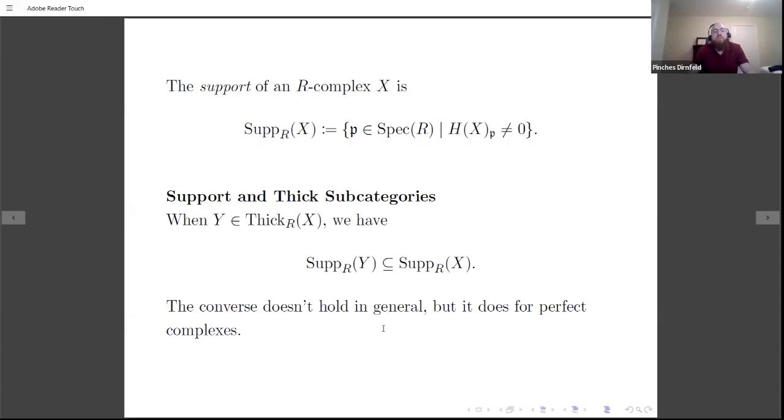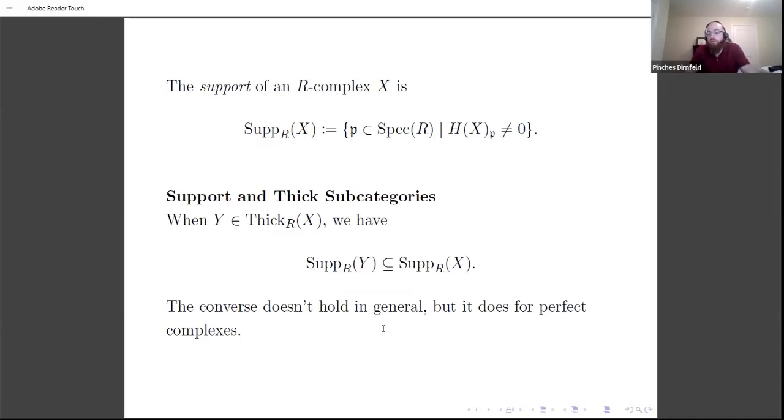But the converse does not hold in general. You can have a complex Y whose support is contained in the support of X, but Y will not be in the thick subcategory generated by X. An easy example: if you take any non-regular ring, the support of any complex is contained in the support of R, but the thick subcategory generated by R, as we have seen earlier, consists of the perfect complexes.